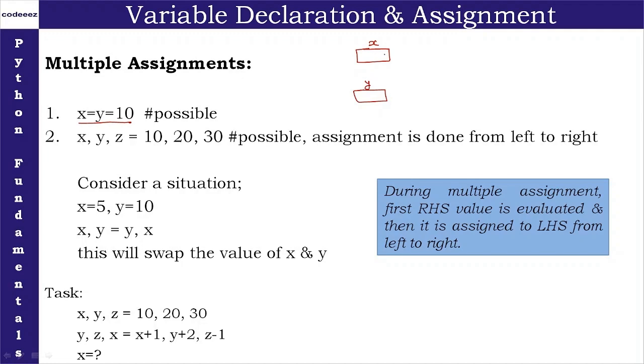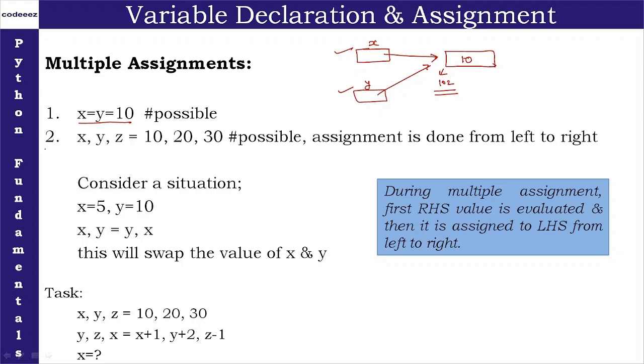And both these references x and y will be pointing to a common location in memory that contains the value 10. Suppose the memory location is 102, then both references x and y will be pointing to the location 102 which has the value 10, right? So this multiple assignment is possible in Python.